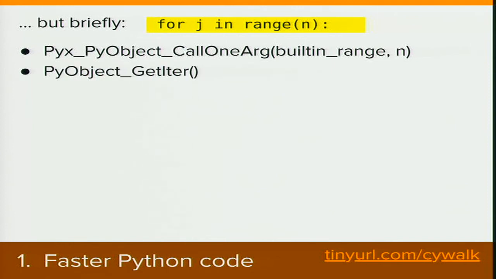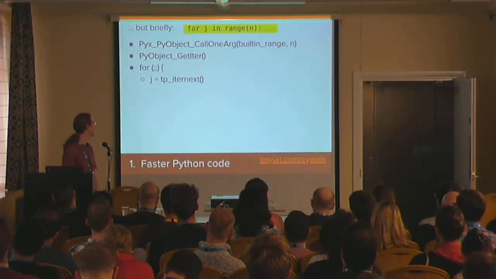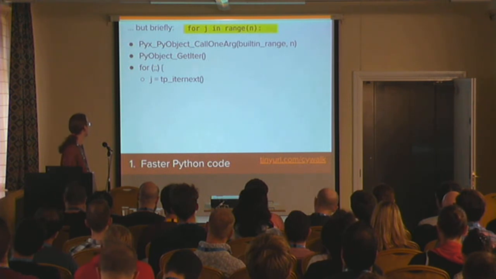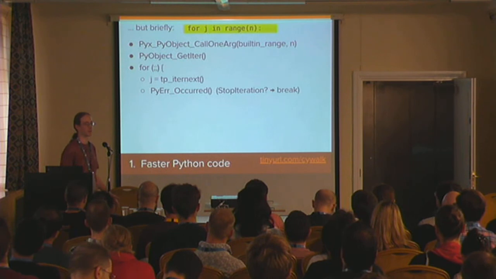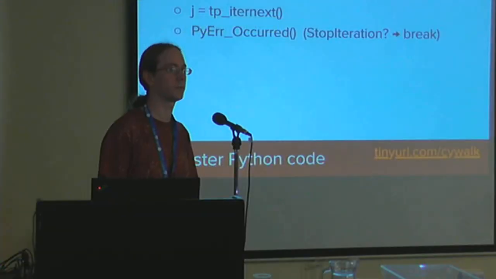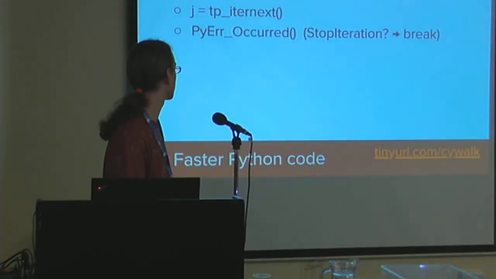We then have to call getIter on that resulting object to get an iterator object. Then we have an unbounded for loop. The first line of that, more or less, is getIterNext on that iterator to actually get the Python object j. We then have to check with Python, because in C we don't have exceptions, so we have to ask Python after every Python call whether there was an exception.